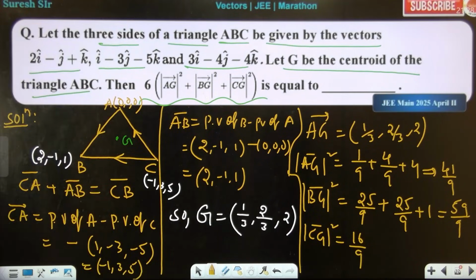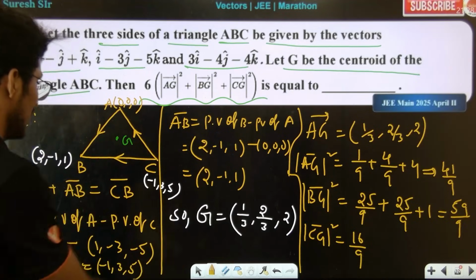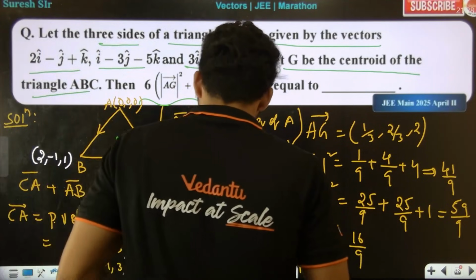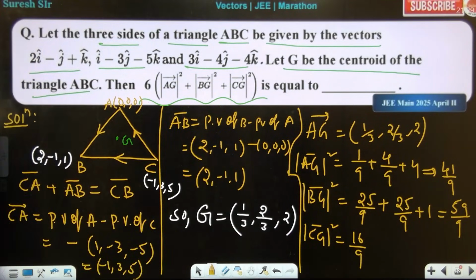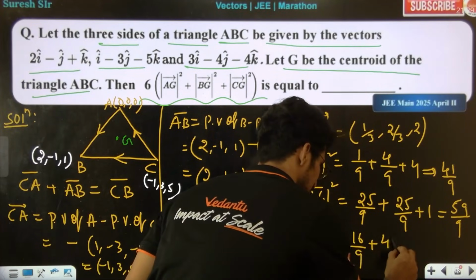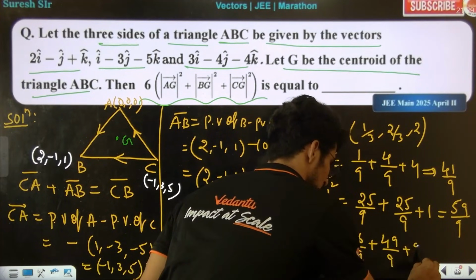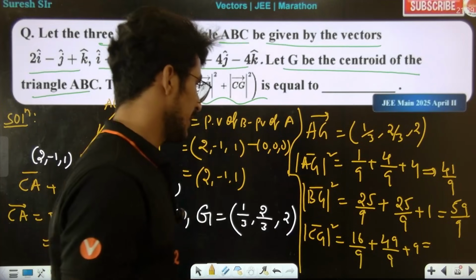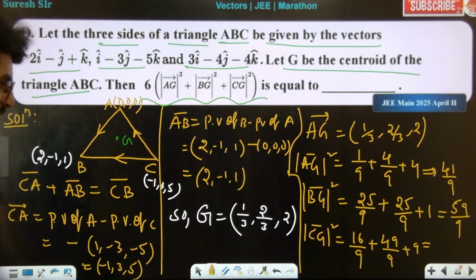Yes or no? Next is 2 by 3 minus 3, which is 7 by 3, so 49 by 9, plus 49 by 9, plus 9. So tell me here, 81 plus 16, 97 plus 49. How much?